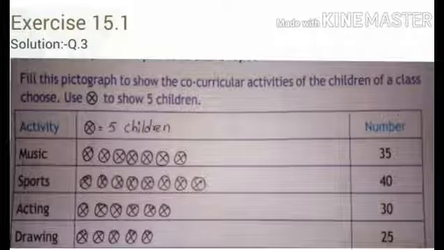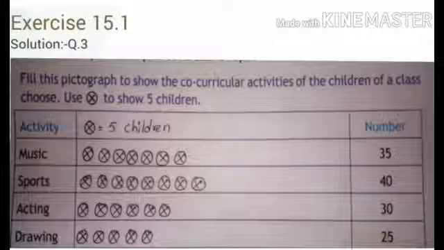Next, sports. Number is 40. 5 how much is 40? 5 8s is 40. So how many times you have to draw the picture? 8 times. So you will draw here 8 times the picture. Next, in acting, 30. 5 multiplied by 6 is 30.